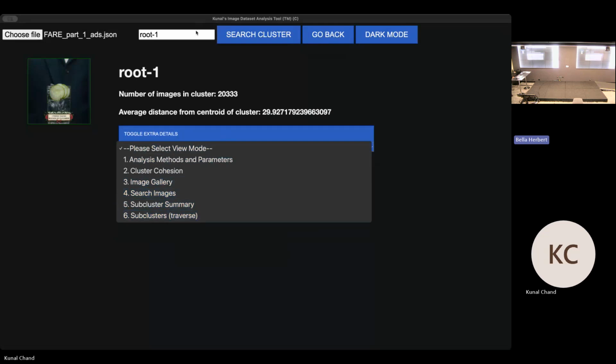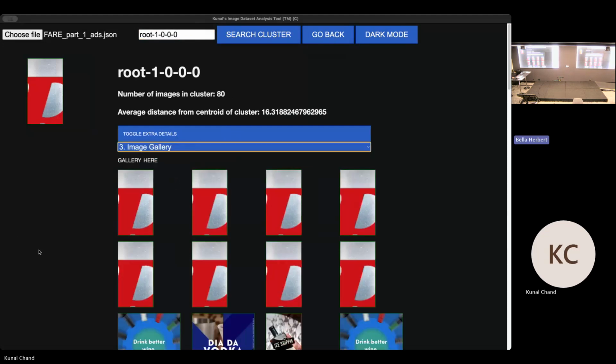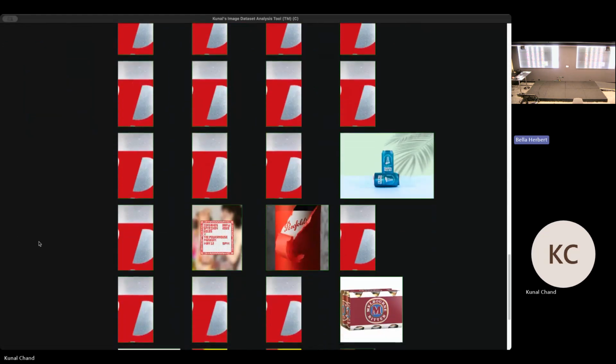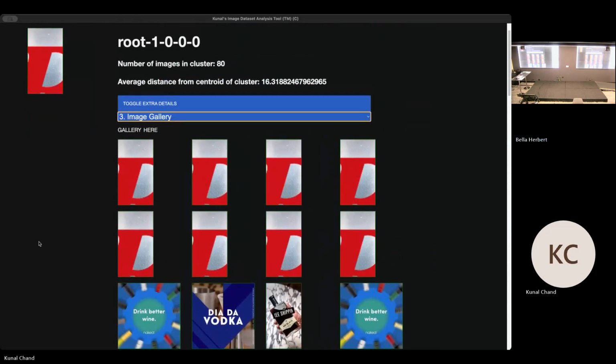Okay, 80 images. Like this one here. So how do I overcome this limitation? Because it is a limitation of the image machine. That's where a second method comes in.